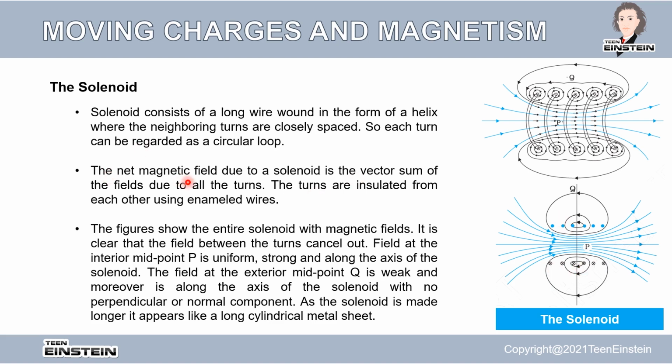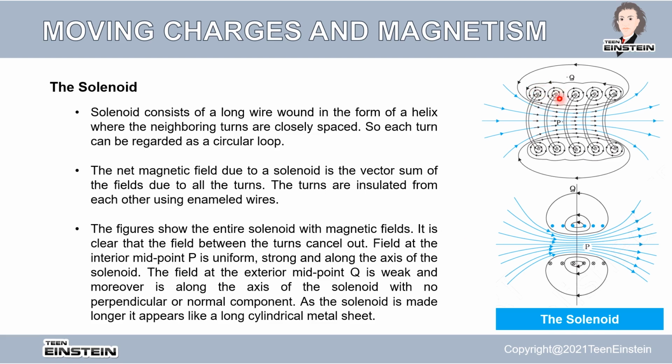Now the net magnetic field due to a solenoid is the vector sum of the fields due to all the turns. The turns are insulated from each other using enameled wires. The figures show the entire solenoid with magnetic fields. It is clear that the field between the turns cancels out. So what do they mean by that? If you see each of these current coils, there is a circular loop here which is the magnetic field.